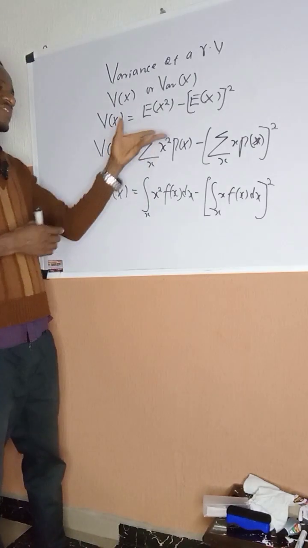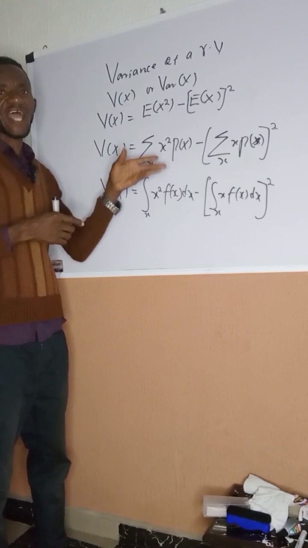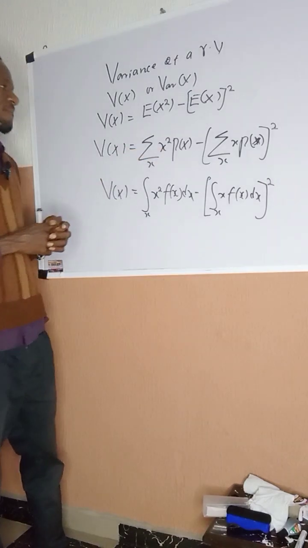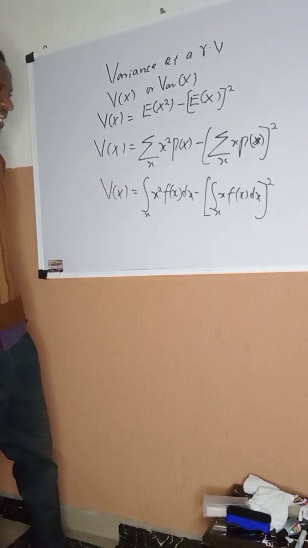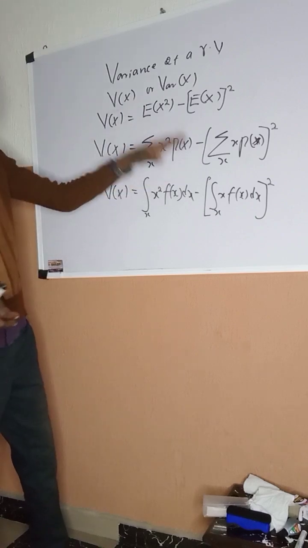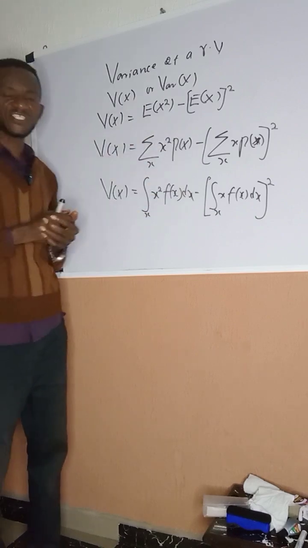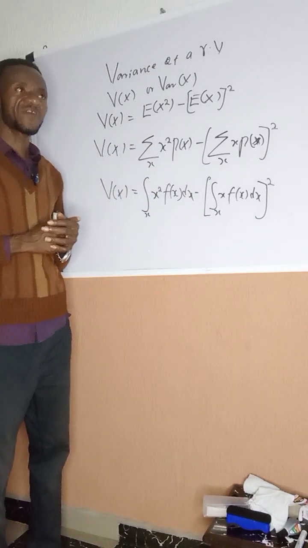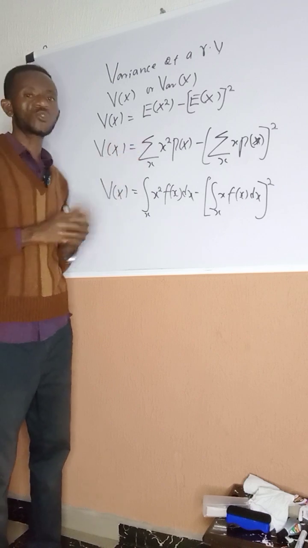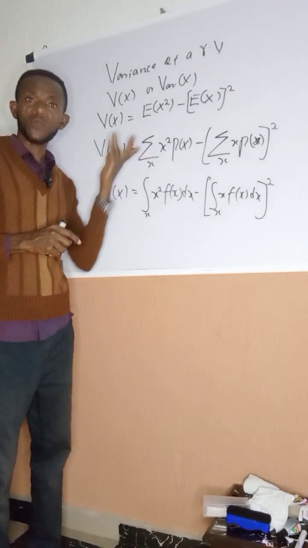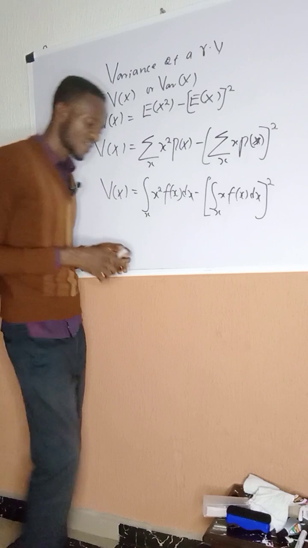If you go there, you will see a lot of examples drawn from various areas and solved about expectation and the variance of a random variable. So we're equally going to look at what we call the properties of the variance of a random variable.